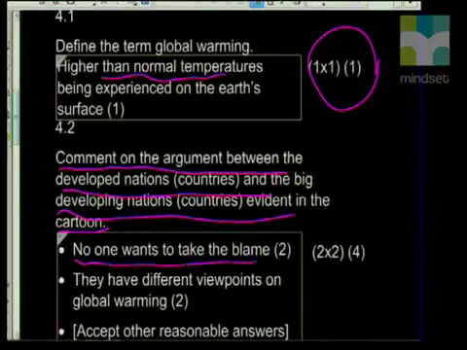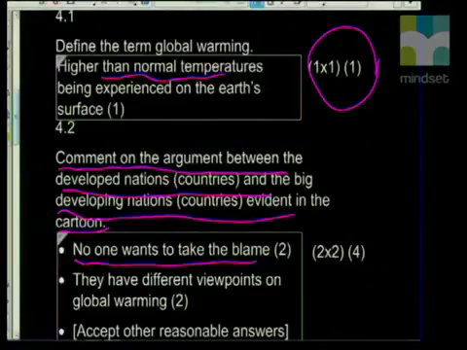They're blaming one another, saying, no, you caused it. And the developed countries are saying, you caused it. It's not our fault because everybody wants to develop. They have different viewpoints, as I showed you. The developed countries want to develop further as an economic powerhouse, and the developing countries, on the other hand, are saying, hey, we need to become like you. We want to progress also, so you can't stop us.